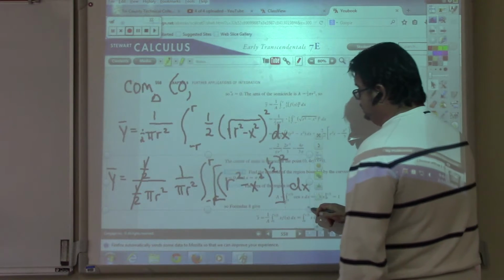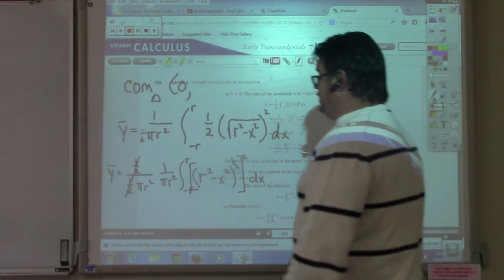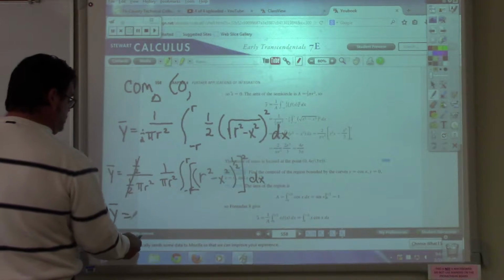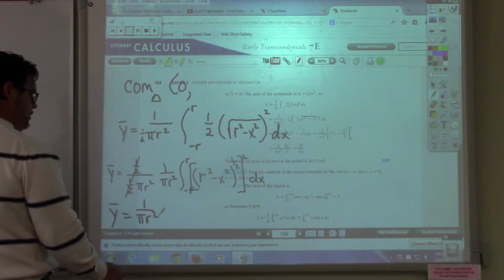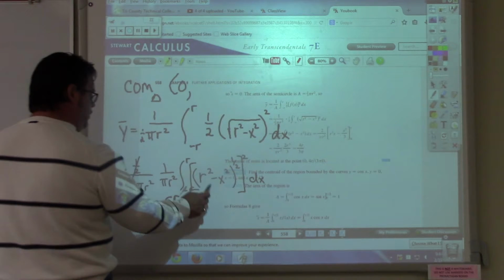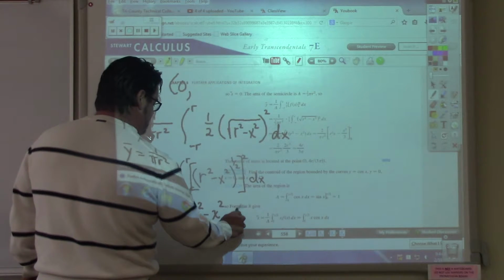And that's going to give us y bar is equal to 1 over pi r squared of negative r to r of r squared minus x squared dx.